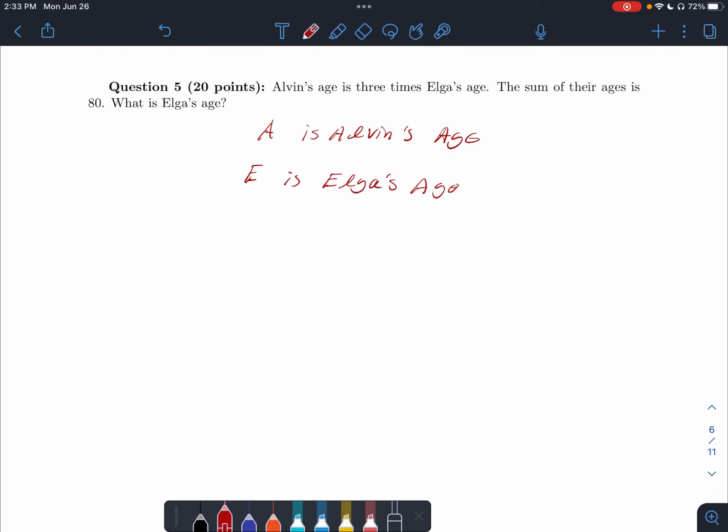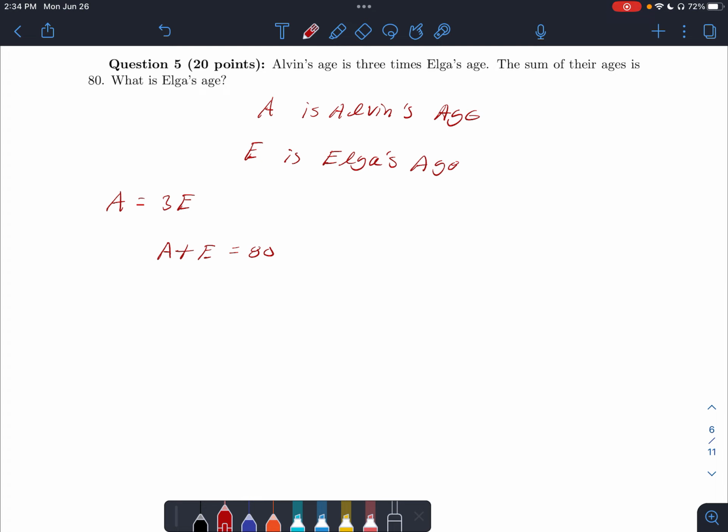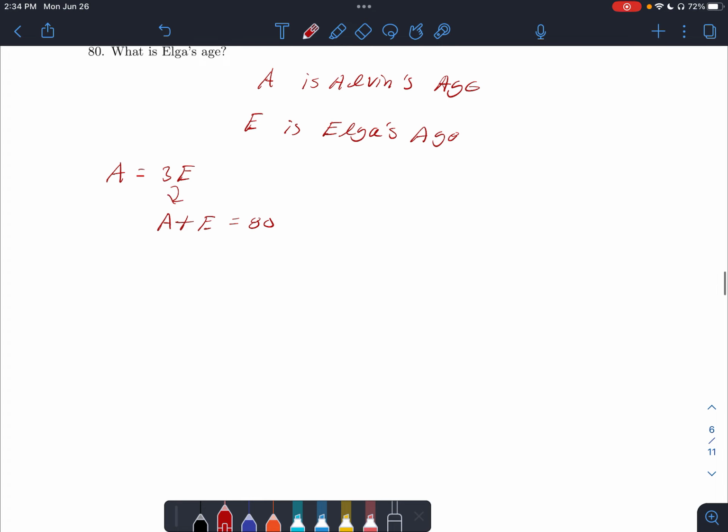Okay? So here we know that Alvin's age is 3 times Elga's age. So A is equal to 3 times E. Okay, and we know that the sum of their ages is 80. So A plus E is equal to 80. But because we have A equal to 3 times E, we can substitute this in here.